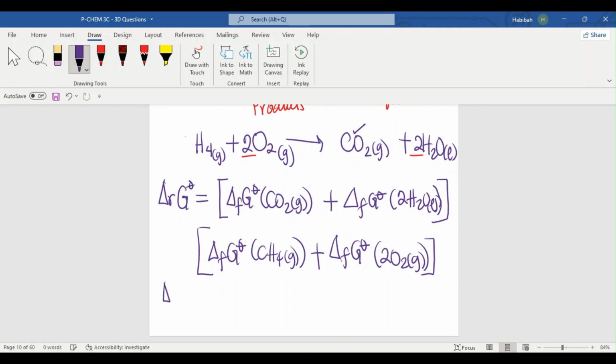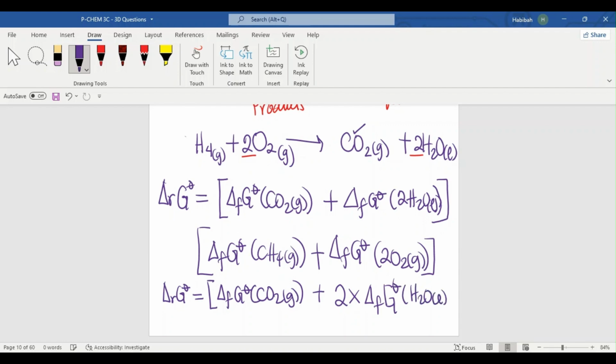The Gibbs energy of reaction becomes the Gibbs energy of formation for CO2. We rewrite this one again because it doesn't have a coefficient. Plus 2 times the Gibbs energy of formation for H2O liquid.